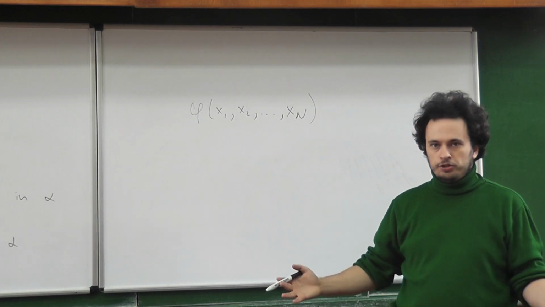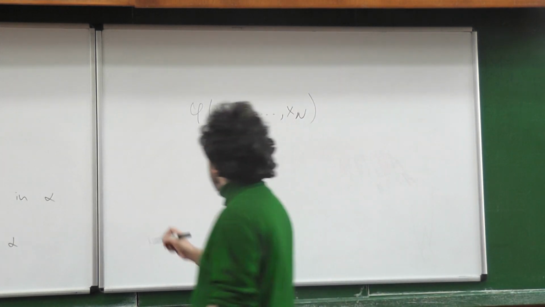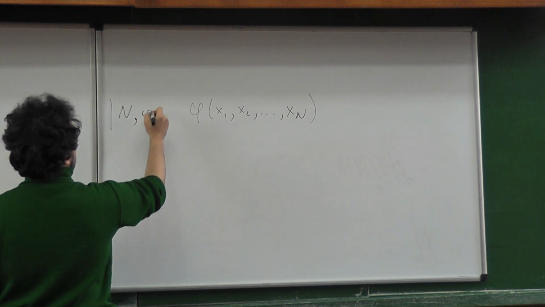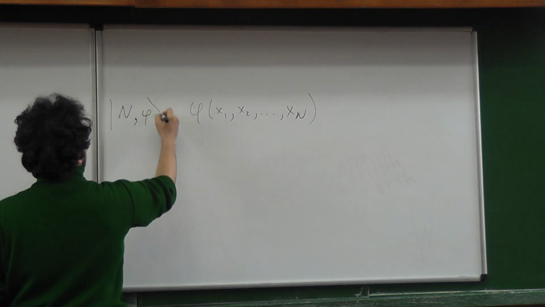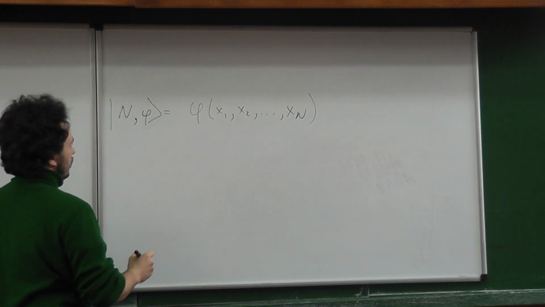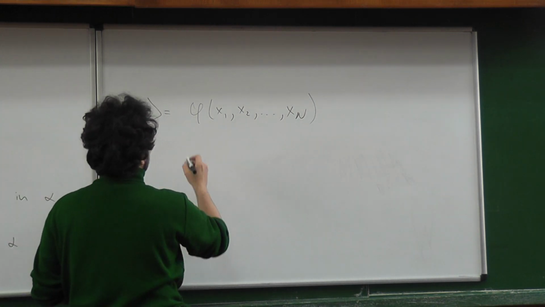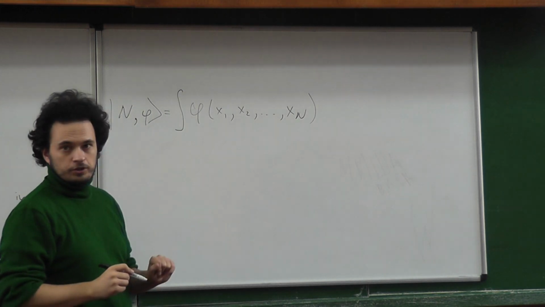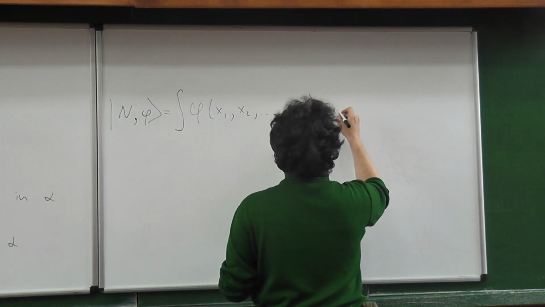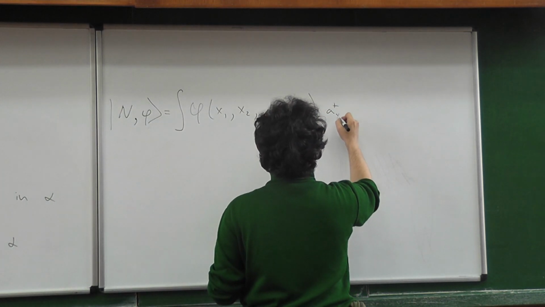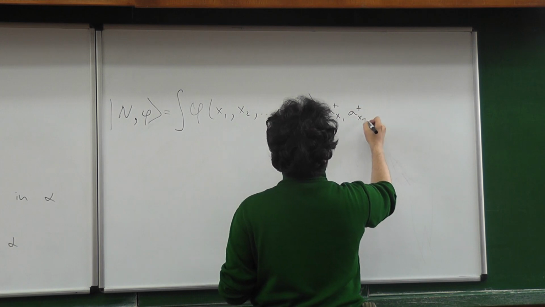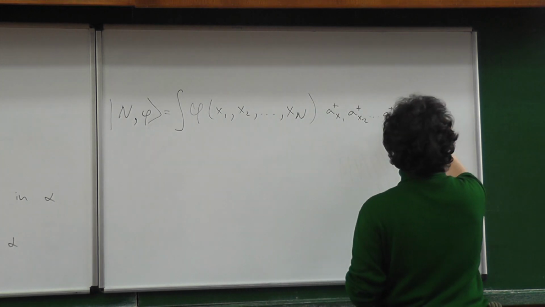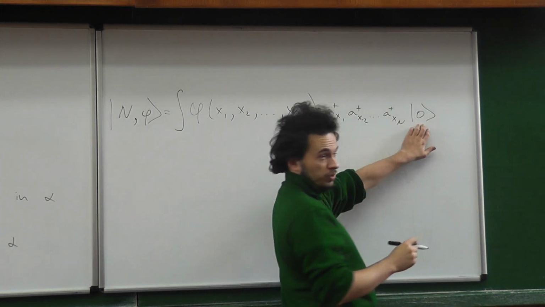What about creation annihilation operators? If I want to describe a state that has n electrons and is described by a wave function phi, I can write it as the integral of this wave function with a dagger x1, a dagger x2, ..., a dagger xn times something I will call vacuum.